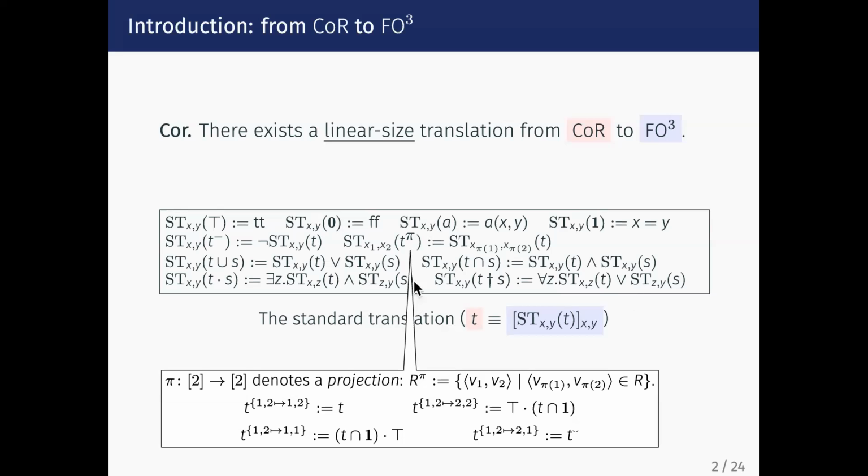And also we use pi for a projection operator of the binary relation, which is given as follows. This is a generalization of the converse operator inspired by first-order variables. Each projection operator is an abbreviation of a term using the converse operator or identity relation like this.